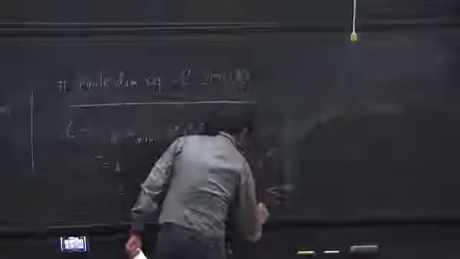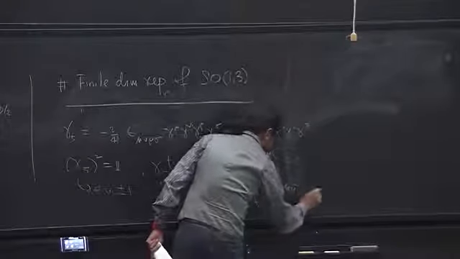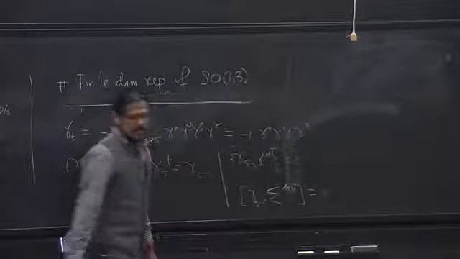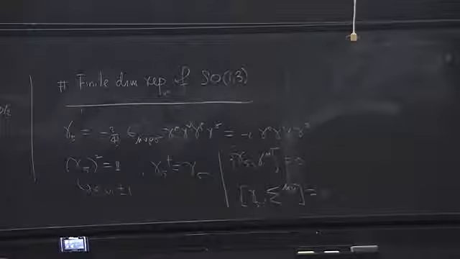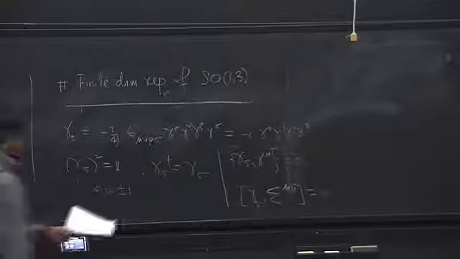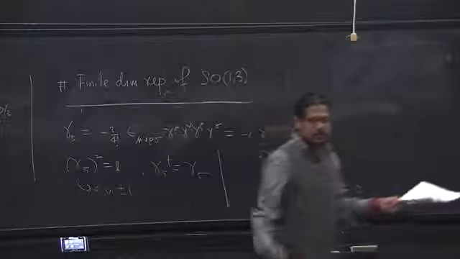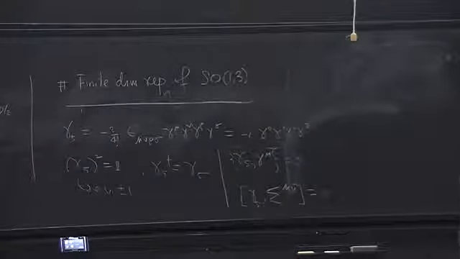So gamma 5 then commutes with the generators of the representation of the Lorentz group, which means that gamma 5 will commute with all the S matrices here.